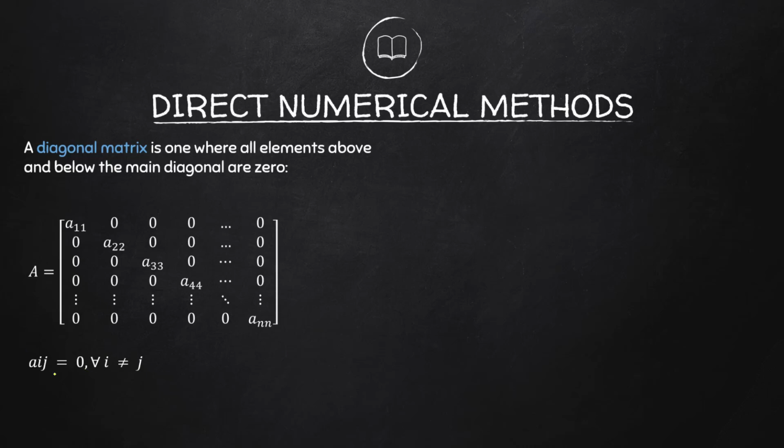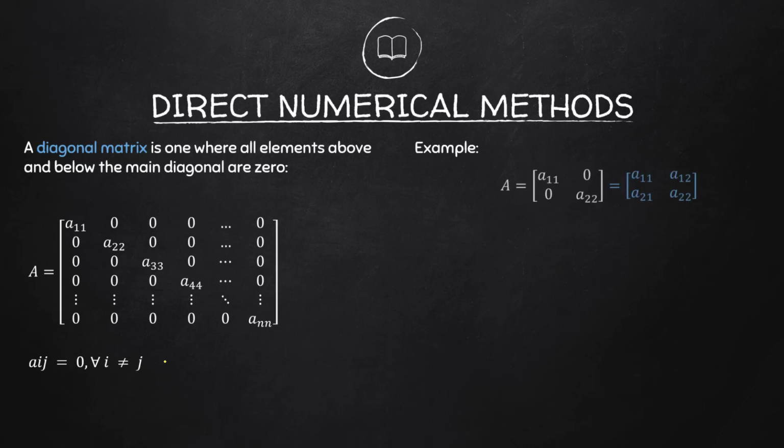We can write this as Aij is equal to 0 for all, this symbol means for all, i not equal to j.